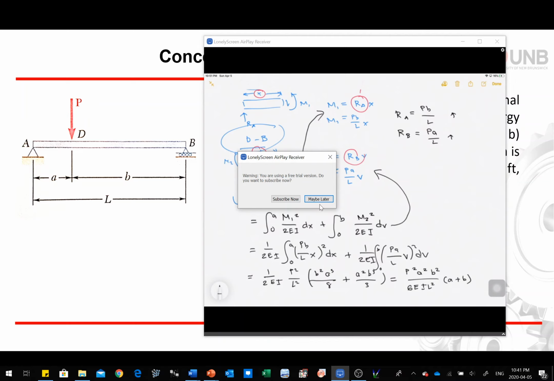So now you have that final equation for your strain energy.